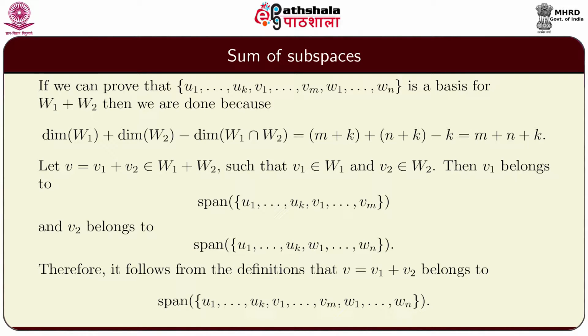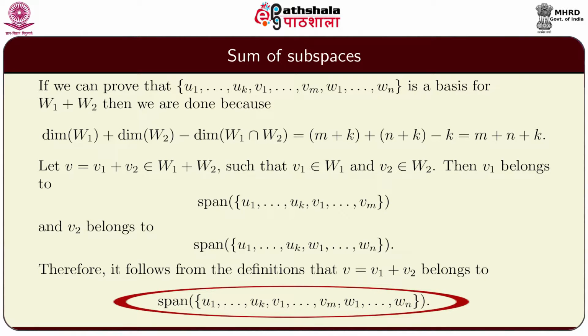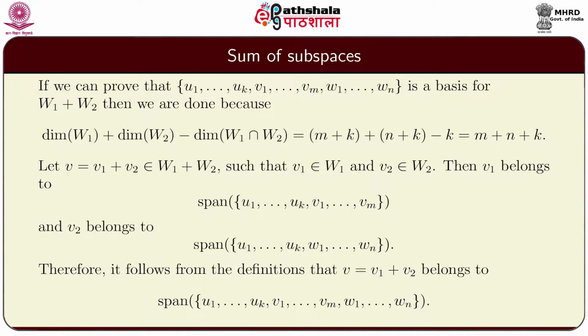Therefore, it follows that v, that is equal to v1 plus v2, actually belongs to the span of u1 and so on uk, v1 and so on vm, w1 and so on wn. That is easy to see if we write the linear combinations.